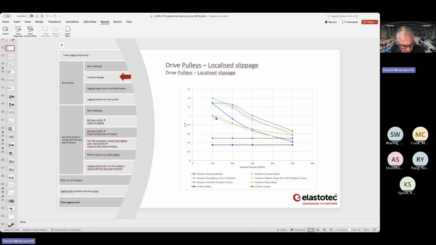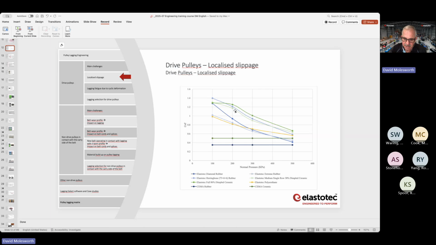But Euler's equation just looks at the transfer of power. It doesn't consider things like the fatigue or the slip that affect the service life. So what we've done in Lagging Select is take all this friction data, done at different normal pressures and different slip speeds, and build it into the algorithm so that we have a variable as you go from the contact point with T1, where you've got your highest normal pressure, round the arc of contact to the exit point where you've got your T2.